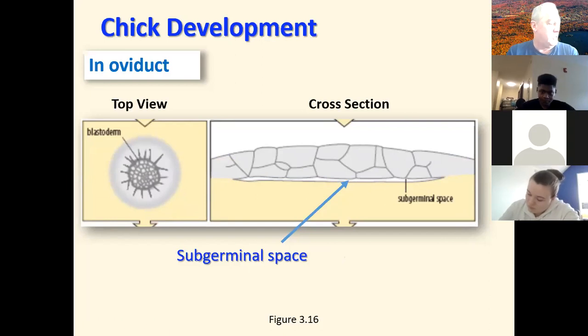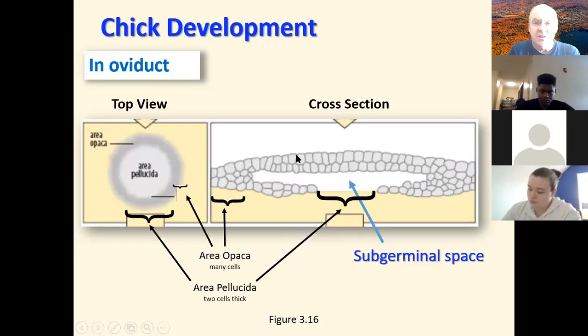Okay, so at this stage, you've got this space here and a double layer of cells on top. As this goes to the next stage, cells keep dividing and dividing, and you end up with cells being thickened at either side. And you've got a thin layer on top, and in the middle, there's really nothing but yolk.